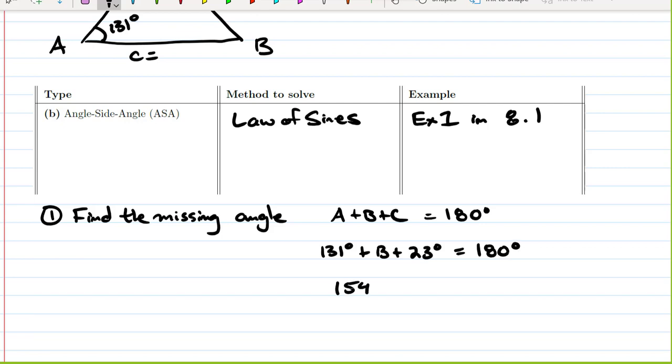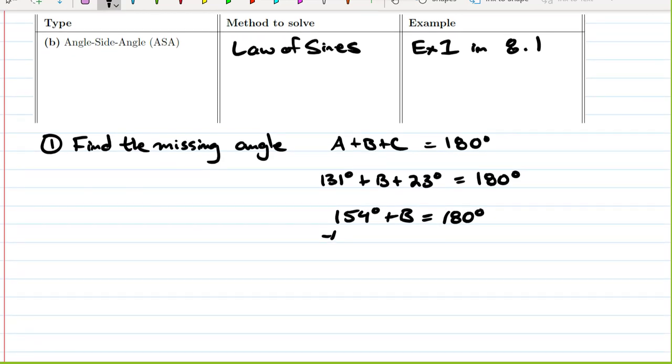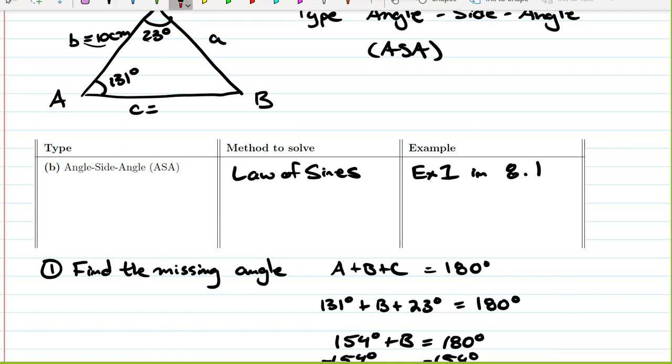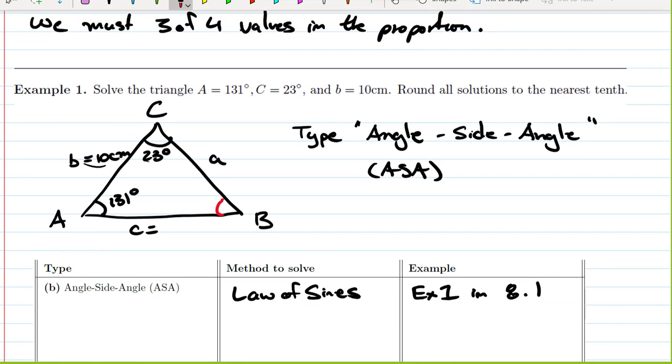So we have 154 degrees plus B is equal to 180 degrees. So then we minus 154 and we minus 154. So we get B is equal to 26 degrees. So now after doing our first step, we know that angle B over here has to be 26 degrees.